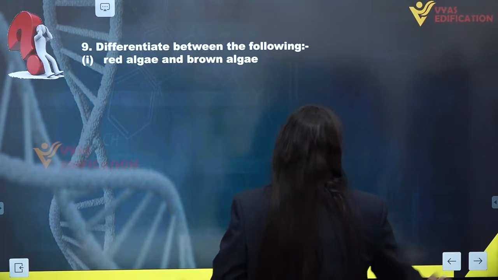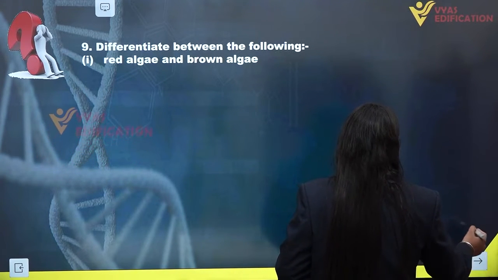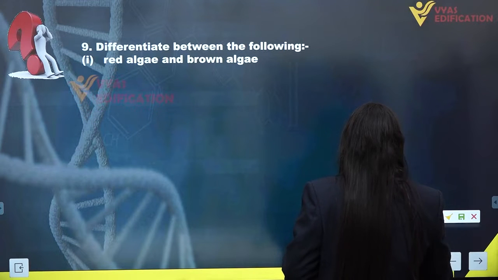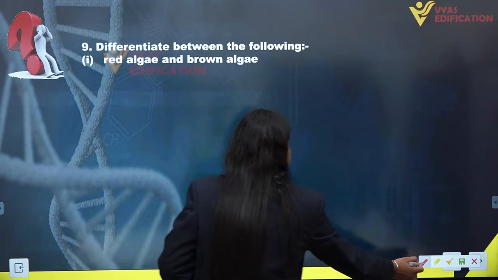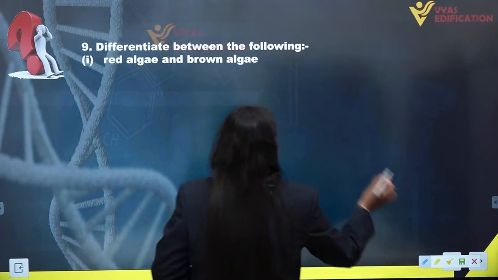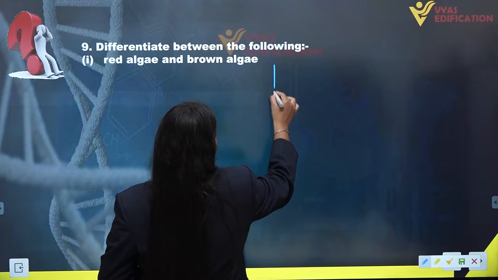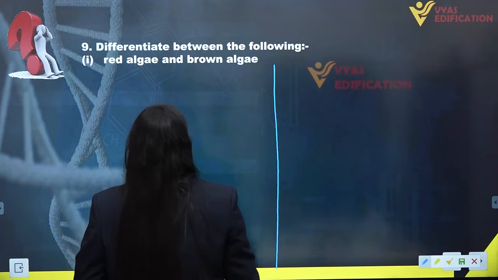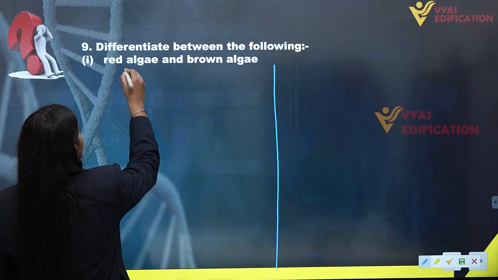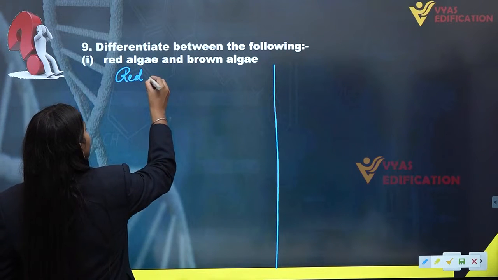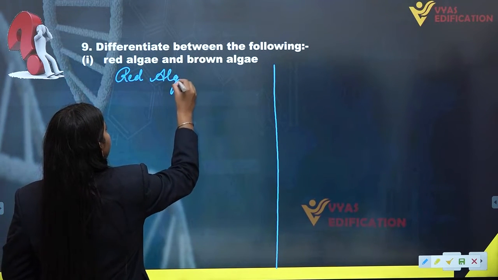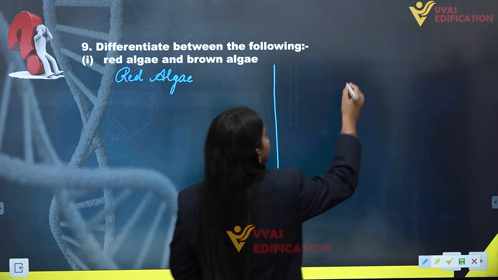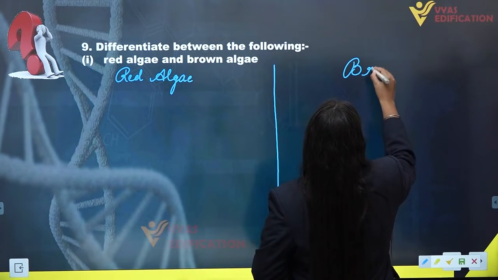So let's write about the differences between red algae and brown algae here. Now, we have to differentiate between red algae and brown algae. In the left column, I am writing the red algae, and here brown algae.